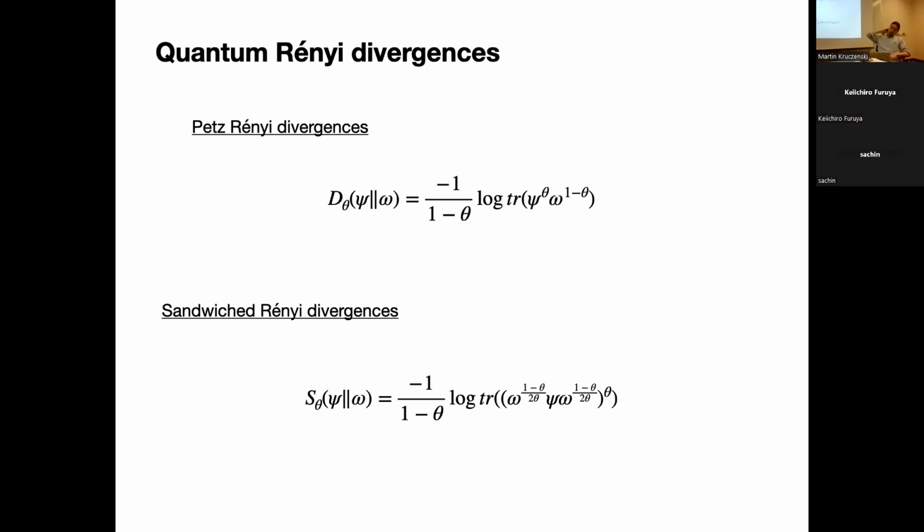Now the question is, if you have two generalizations, is there any relation between them? And the answer is yes. You can further generalize the one-parameter divergences to two-parameter divergences so that you can interpolate these divergences.